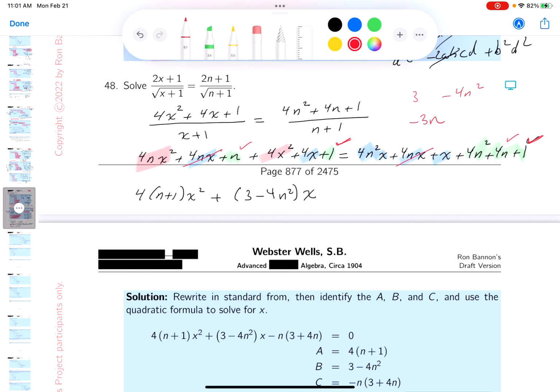Minus 3n. And then what? You're going to get... Oh, yeah, minus 4n squared. That guy right over there. And what's that going to give me? Let's write that down. That's going to give me minus n, 3 minus 4n, nope, plus 4n, sorry about that, equals 0.